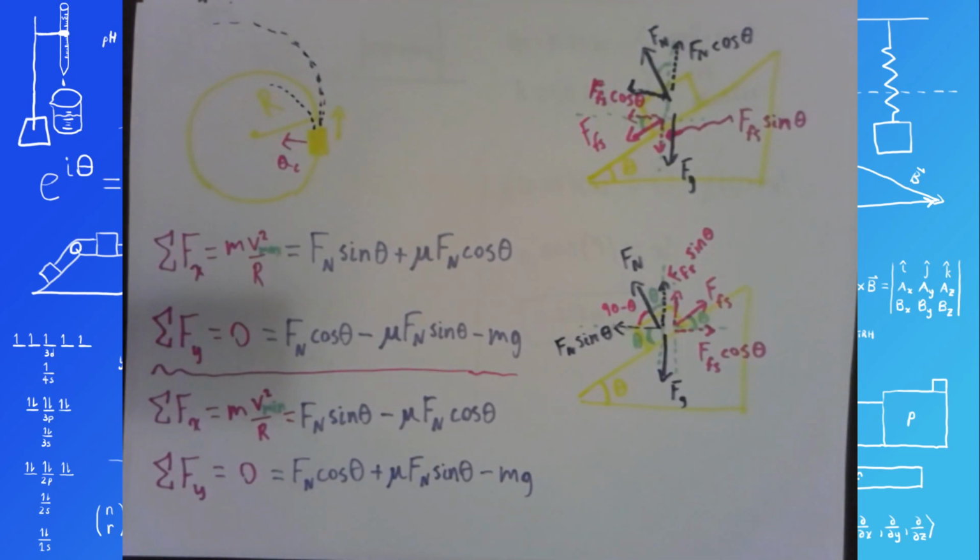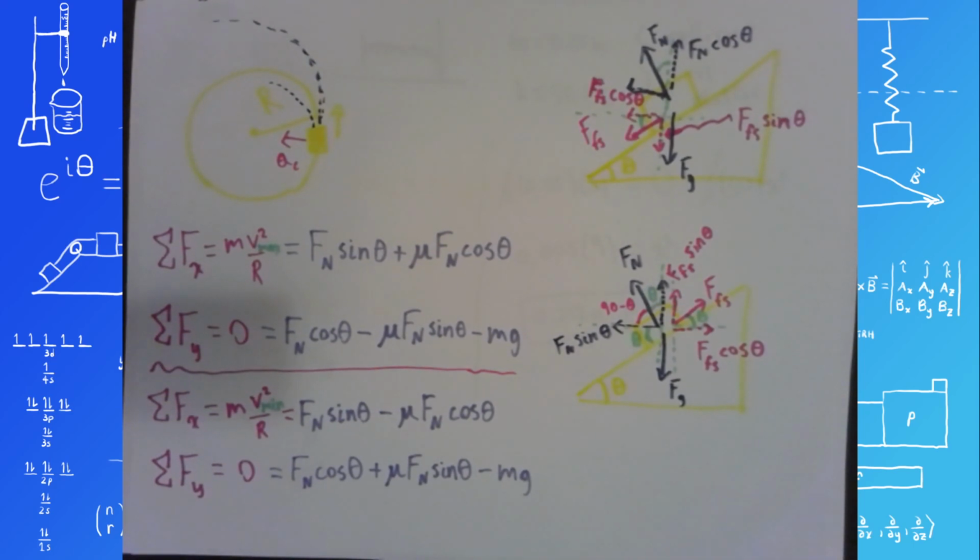All right, so now what? Our givens: we were not given the mass, so that needs to go somehow. We were given the radius of the turn, we were given theta, so we can keep those in our final expression, and we were given the coefficient of friction, and the value of g is just a universal constant, so we are allowed to have that in our final expression, and it'll be just fine.